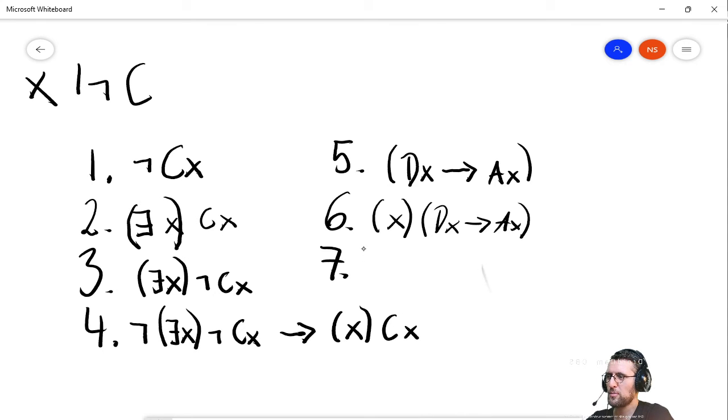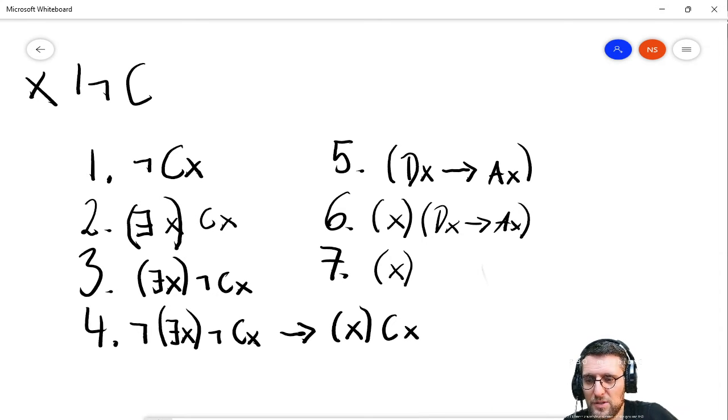We can also probably write it like this. For all x, if it is a dog, then ax. But I think for that we would already say that there is at least one dog, right? I'm now doubting myself a bit.